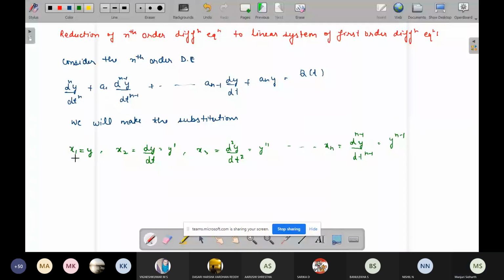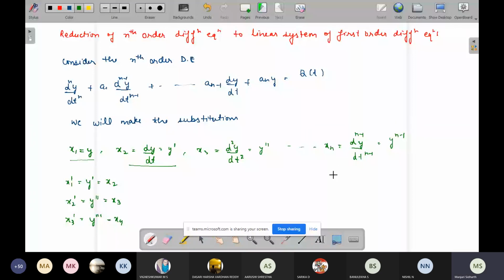Now see, if I simply take its derivative on both sides, x1 dash, that means y dash, right? And y dash is equal to x2. Correct? If I take the derivative of this, x2 dash, that means y double dash, and y double dash is equal to x3. So write x3. Take x3 dash, that is equal to y triple dash, and y triple dash will be equal to x4.